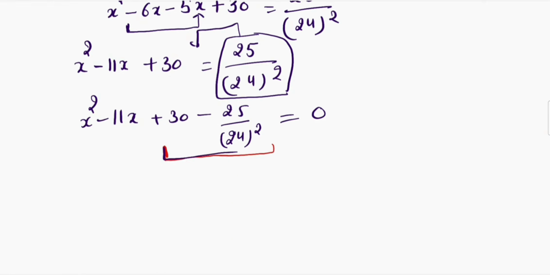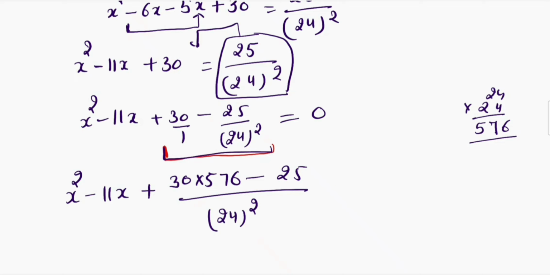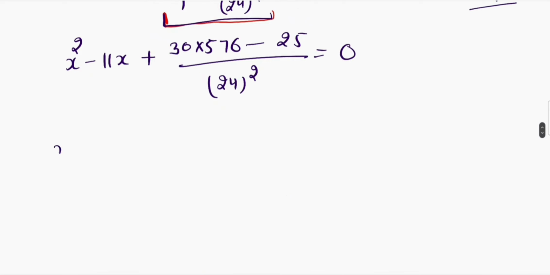To solve this portion, I'll take the LCM, which is 24². So I write x² - 11x plus 30 multiplied by 576, which is 24², minus 25 divided by 24², equal to 0. I'm not writing 576 here; I'm writing 24 squared.